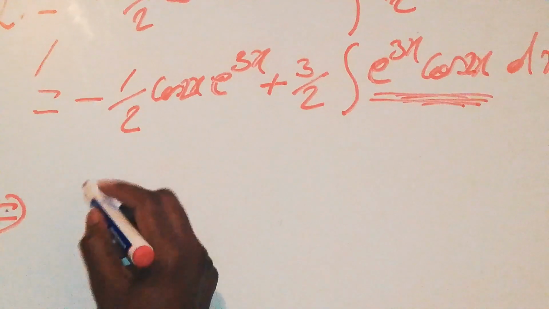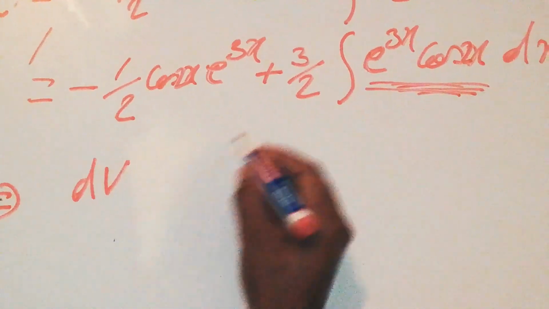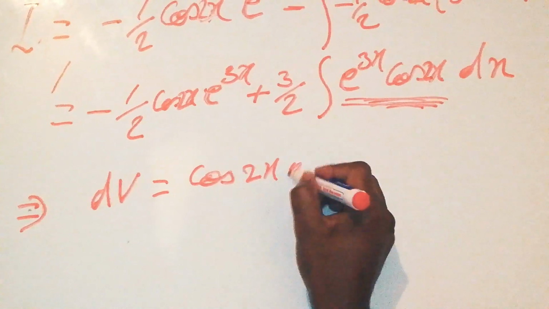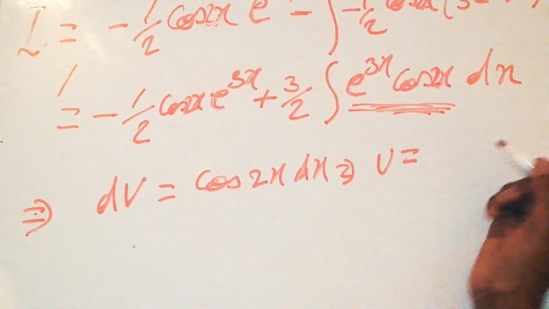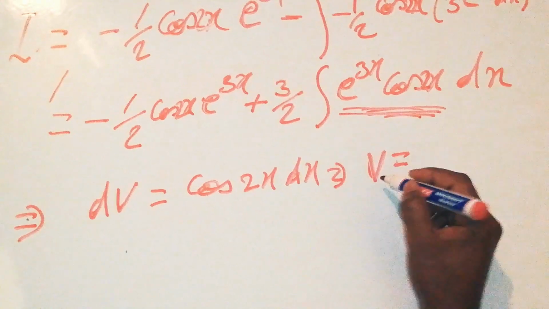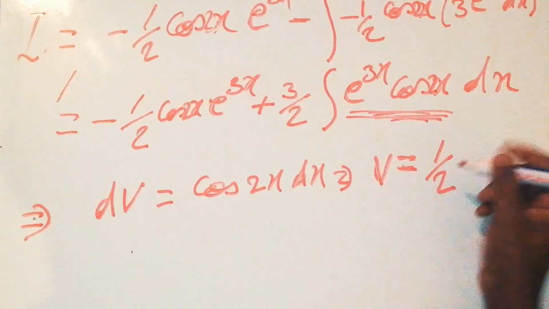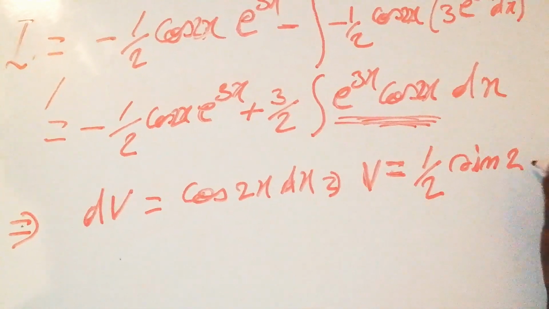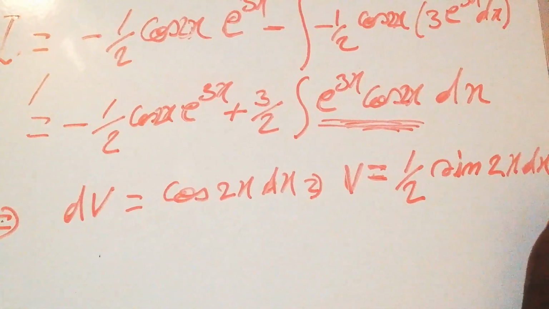Alright, so this time I'm considering dv being cos of 2x dx, which means that v is equal to 1 over 2 sine of 2x.